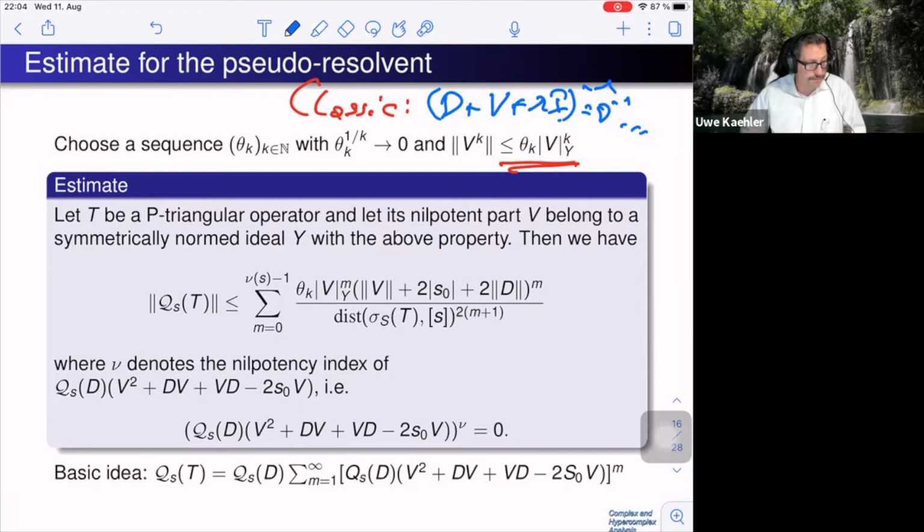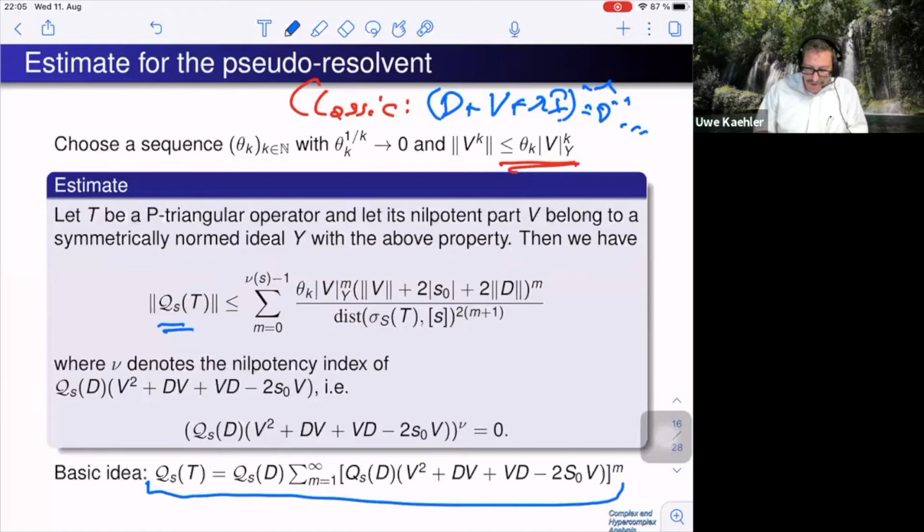And it's rather simple. The problem is we cannot do that here because we do not have the simple form of the resolvent. We have the pseudo-resolvent Q_S, and the decomposition is not that simple. In fact, what you can use is this decomposition here.